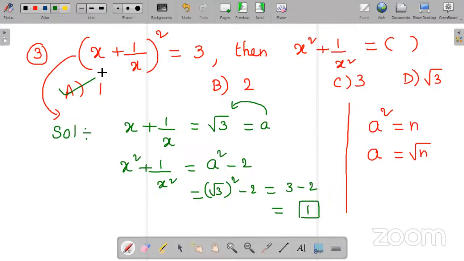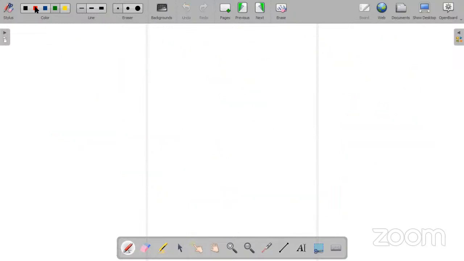All of you check your answers and correct yourself also. Okay, let me move to one more beautiful shortcut now. Fourth one. Now you see x minus 1 by x whole square. Let us find out this value.